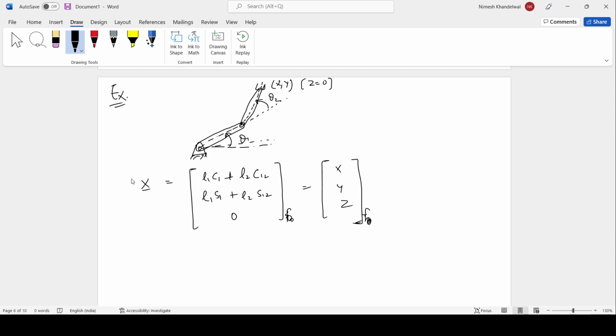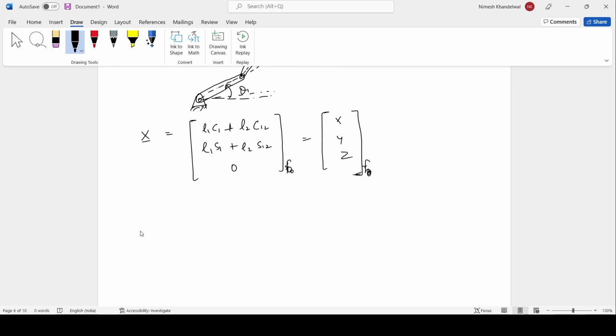Okay, so you see, this is a function. I can say this is a function of theta 1 and theta 2, right? Because all the other quantities are constant. L1 and L2, they're constants.